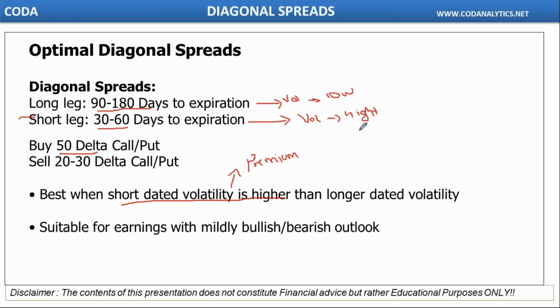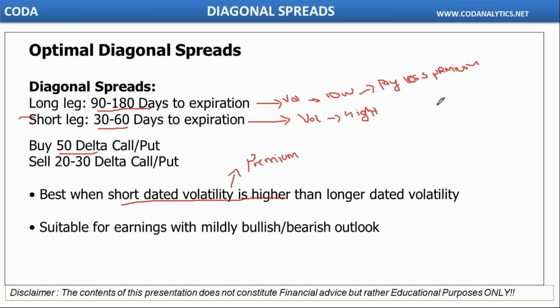That is in comparison to each other, because when it is low, it means you are going to pay less premium. So you want to be as cheap as possible. You want to take advantage of any opportunity to make it cheaper.